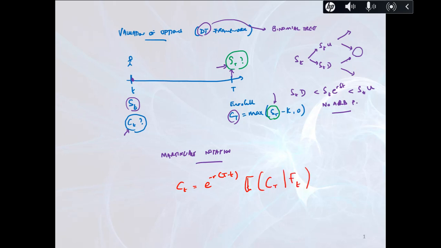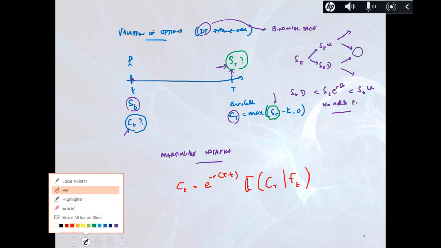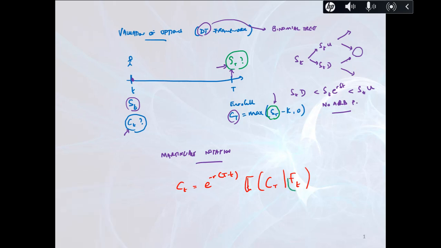given F_t. Now, I need to draw your attention to two things here. First, F_t is the stock of information. I need to point out that F_t is a mathematical tool here. It is a sigma algebra, a sigma field, so it has a mathematical definition. I'm just giving an indication of what it is: the stock of information up to and including t.